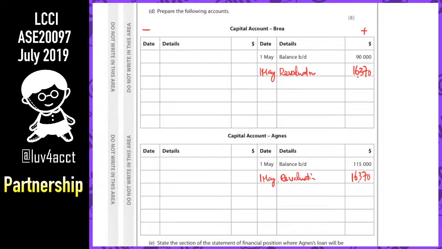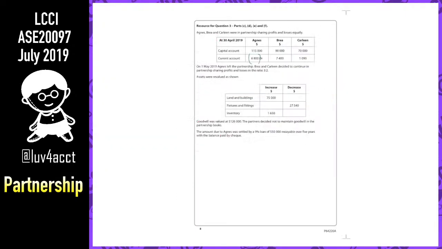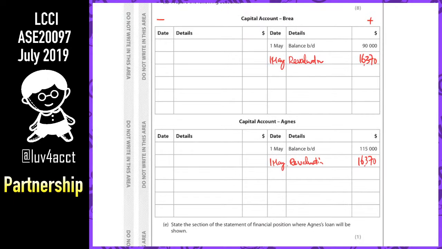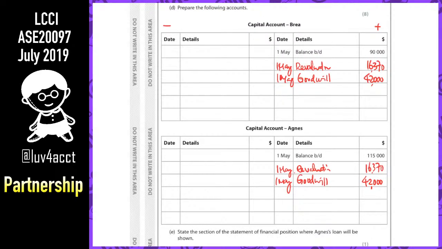Then we will deal with goodwill. Goodwill of 126,000. 126 divided by 3 will be 42,000 for each. Bria will continue with the partnership, so we will work on the goodwill written off.